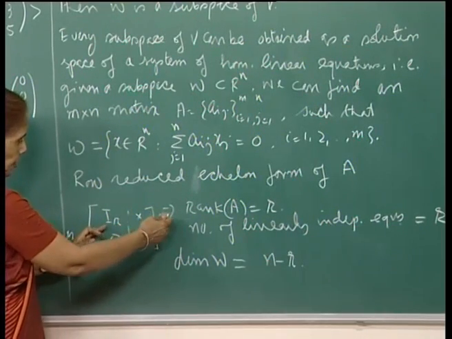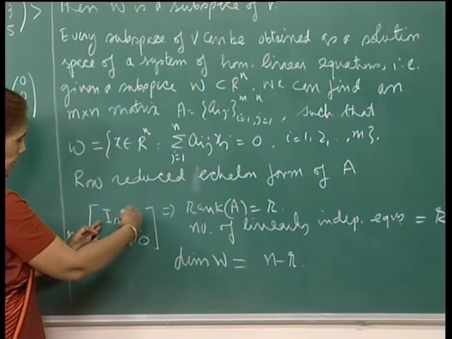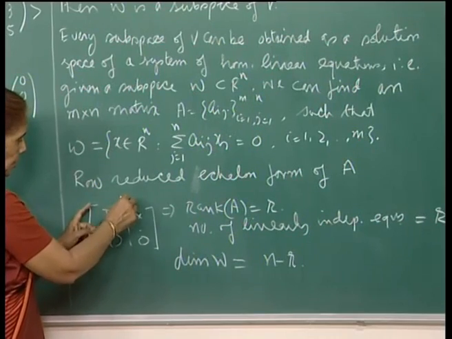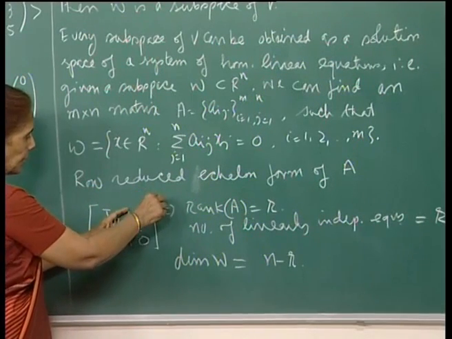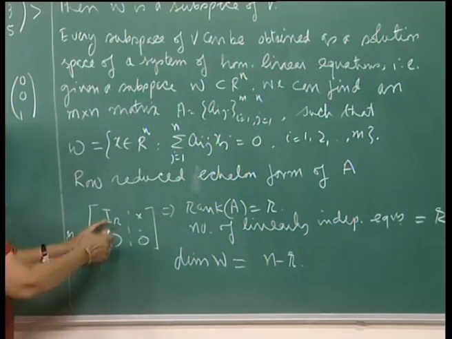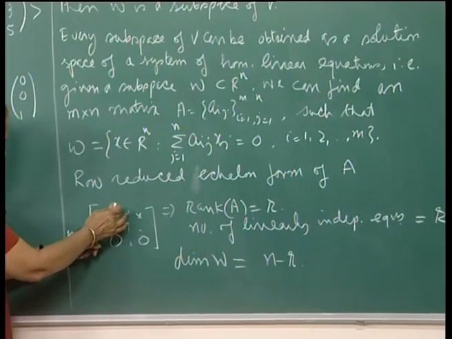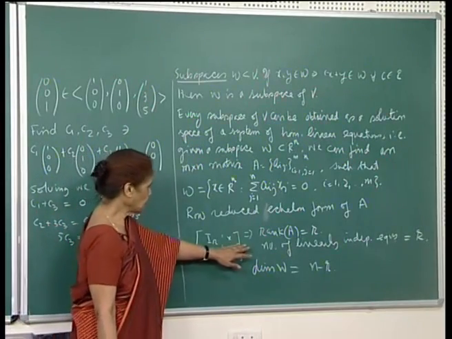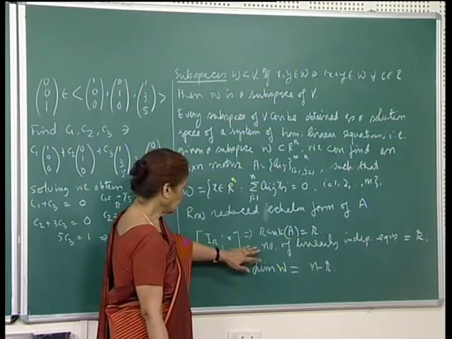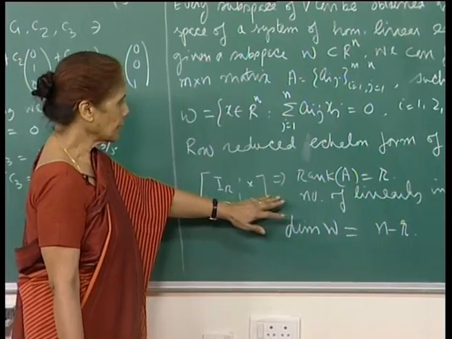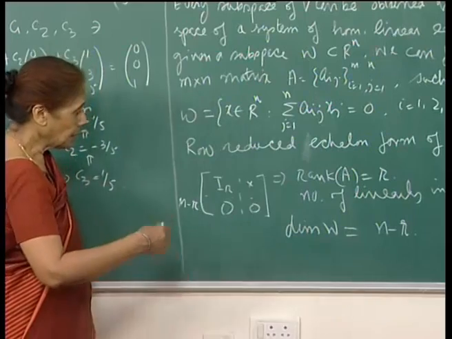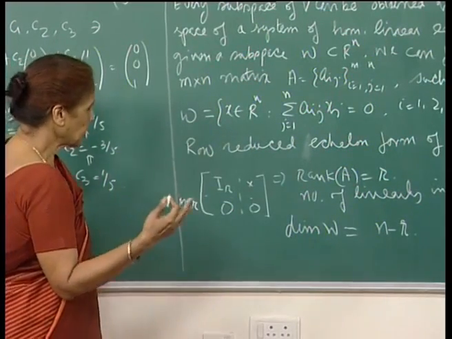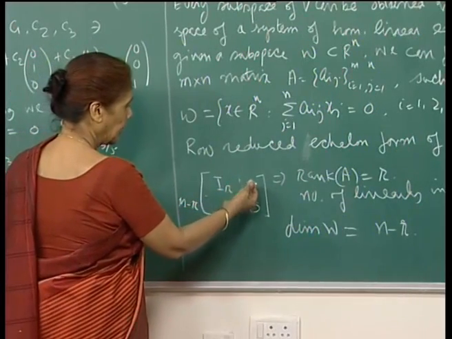So, immediately you will be able to fix the variables. See here, you will take the first variables x1, x2, xr, then xr plus 1 to xn, and you will be able to fix the r variables x1 to xr in terms of the n minus r variables, right. And therefore the number of linearly independent equations is r, and the number of linearly independent solutions here would be n minus r.